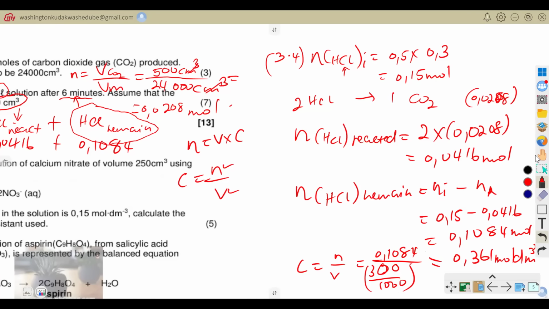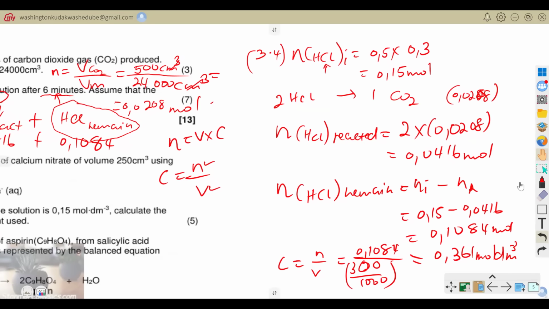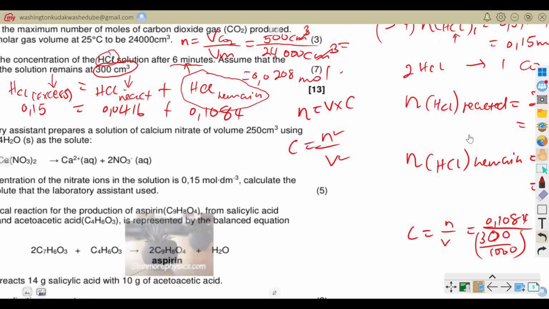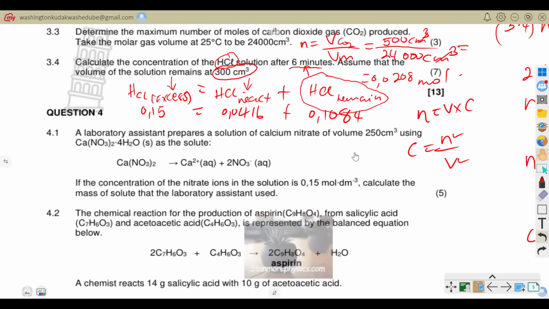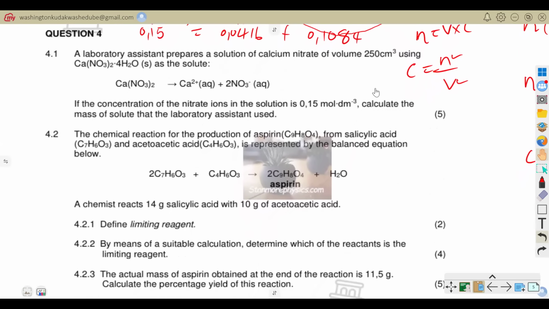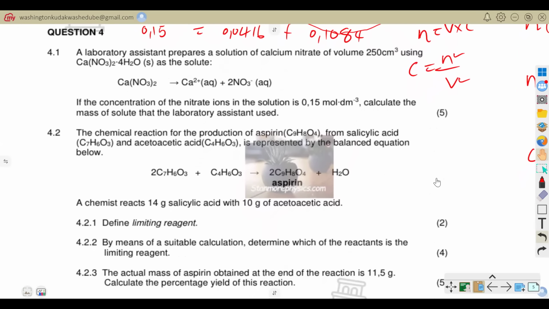That was the concentration that I was supposed to get for 3.4. And that was the final answer for 3.4.